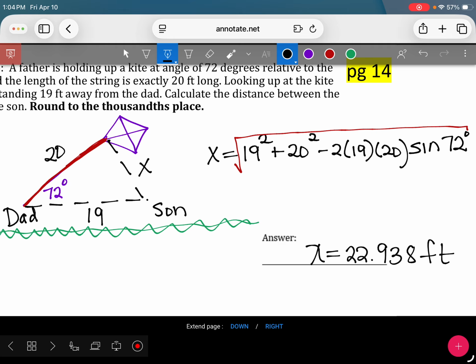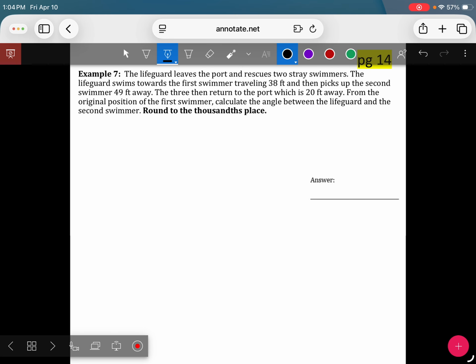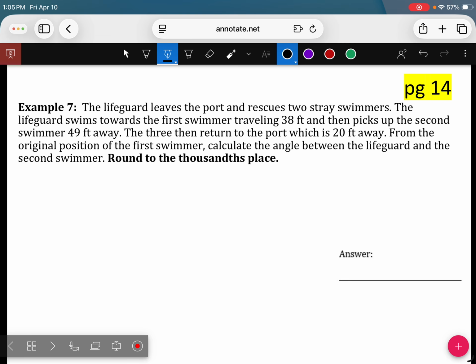All right, so let's look at example 7. We have a lifeguard that leaves the port to rescue 2 swimmers. The lifeguard swims towards the first swimmer and travels 38 feet.